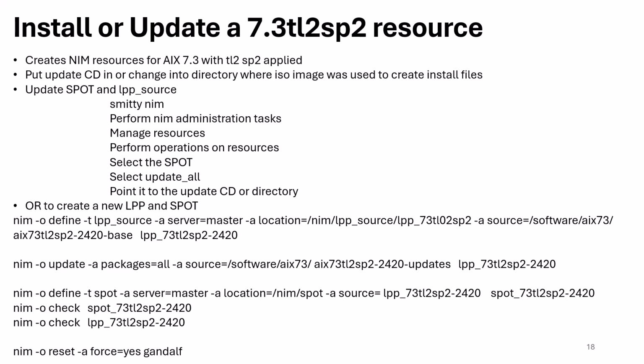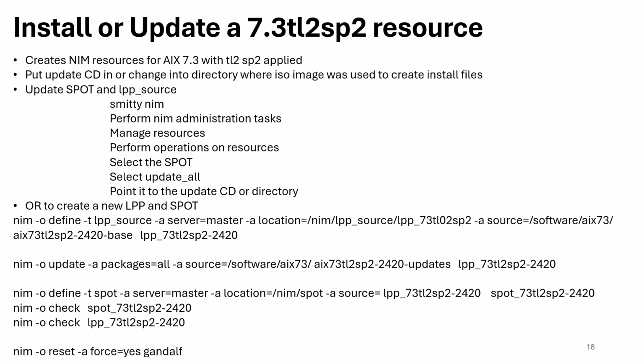So we would use loopmount to load the ISO image and smitty bffcreate to create the install files in the directory. In order to update the SPOT and LPP source, you'd go into smitty nim, perform NIM administration tasks, manage resources, etc. After you select the SPOT, you're going to select update all and point it to the update CD or directory. And the same with the LPP.